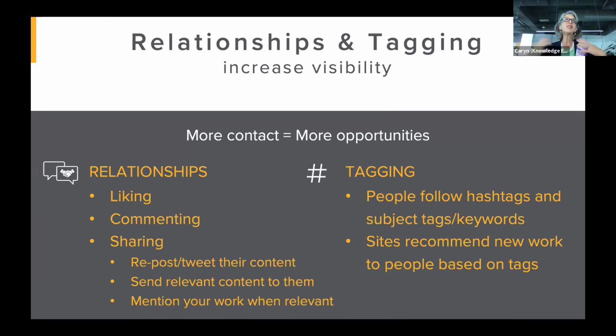For example, ResearchGate knows exactly what topics I'm interested in, and periodically, anytime somebody uploads new research, I get a message about it. So if you tag stuff and use those tags to discover people and make those connections through the relationship tools that I was saying on the left, then you're going to expand your network of people.